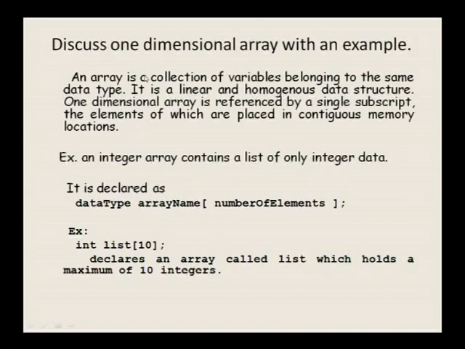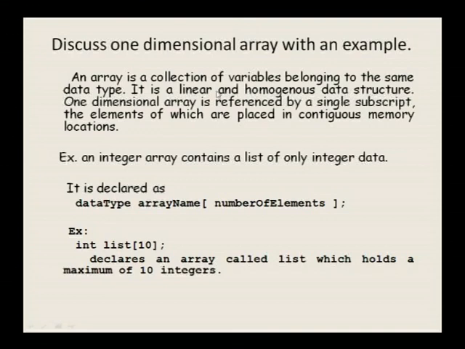Then the one dimensional array. We know that an array is a collection of variables which belong to the same data type. So, we can also say that an array is a linear homogeneous data structure.